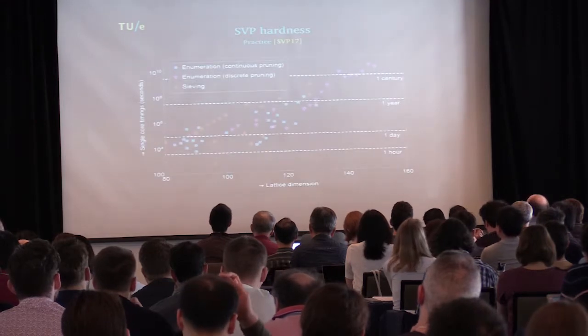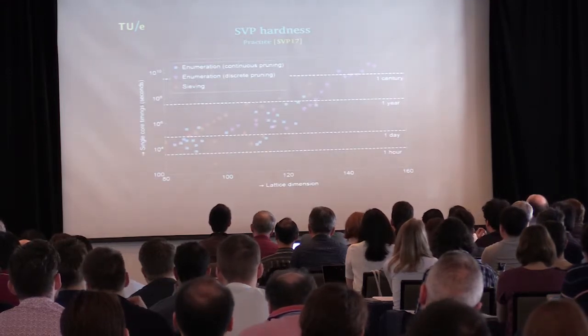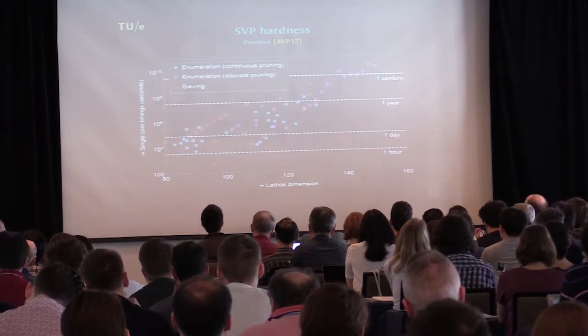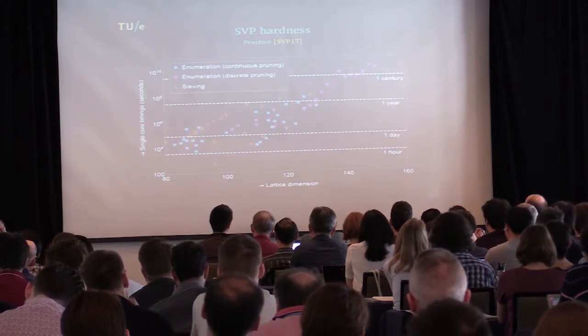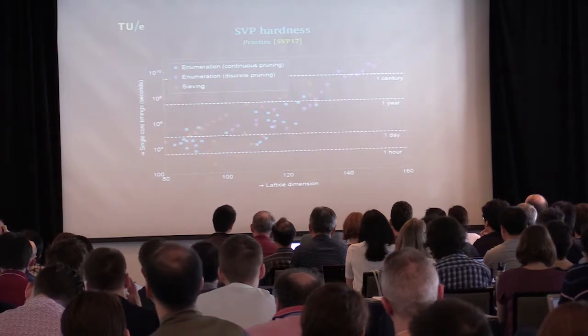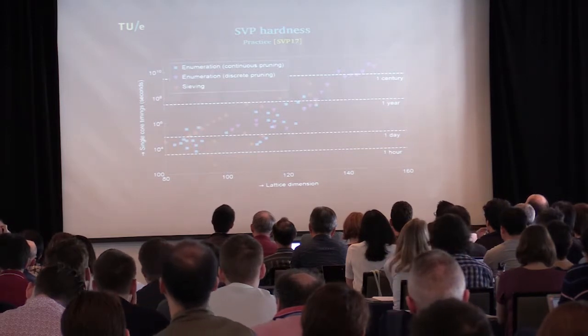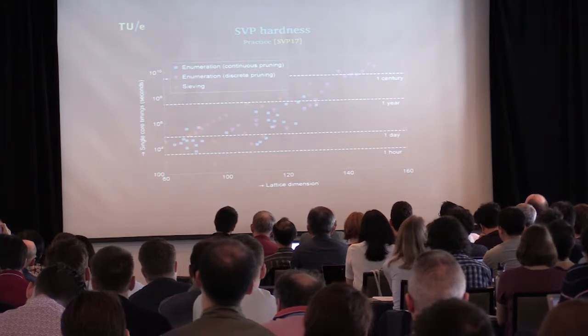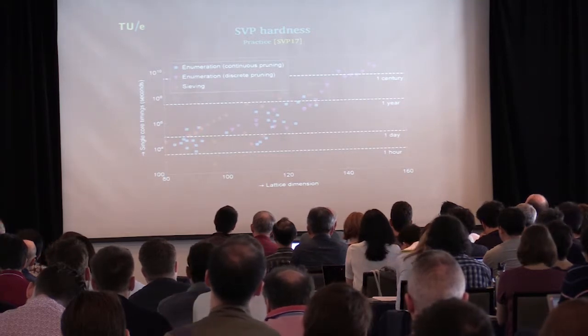But if you actually implement these algorithms, enumeration and sieving, then you see a very different picture. Here you have the results from the SVP challenge, where you can just download a lattice and try to solve SVP on it. You can see that the best results for enumeration are currently in dimension 150.